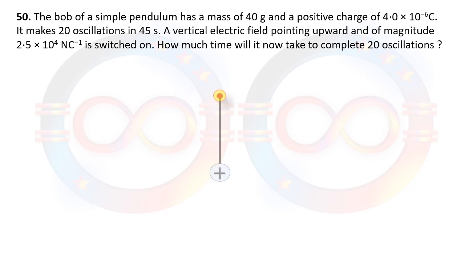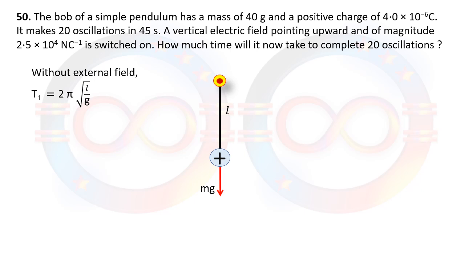See, if we take this as a simple pendulum, the length of the string is L, mass is m, so because of the gravitational pull it will be mg. In this situation, if there is no field present, the time period is 2 pi under root L by g. That formula we know from simple harmonic motion. Now if a field is there vertically upwards, what will happen?